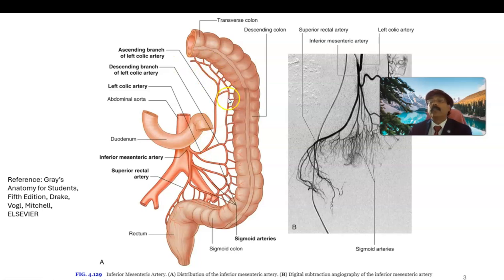This artery is also called the artery of Drummond, and it is vulnerable to ischemic changes, particularly in the watershed area, the junction between the transverse colon and the descending colon. We have multiple vascular arcades, and also some straight arteries supplying the large intestine.